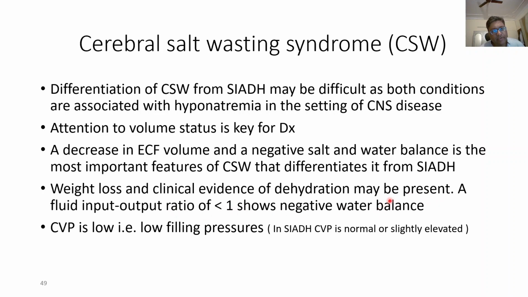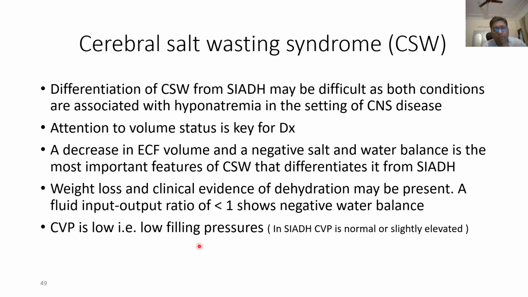Negative water balance also favors CSW, and you get a low CVP. Although CVP is not a true indicator of intravascular volume status, you have to see other parameters like weight, cumulative fluid intake and output, and intravascular IVC status.